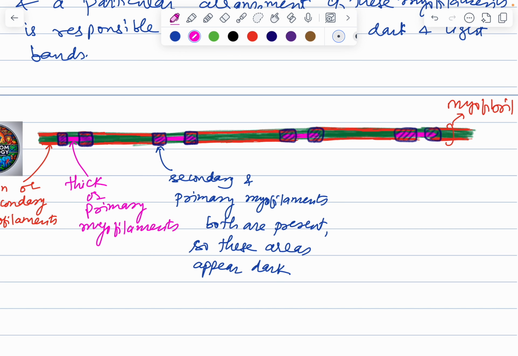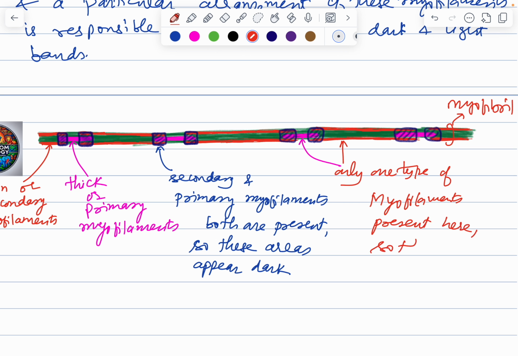But if you look at this area and these areas, only one type of protein is present here, only one type of myofilament. So what do these areas look like? They are comparatively lighter. Areas where only one type of protein is there, lighter. Areas where two types of proteins are there, darker.